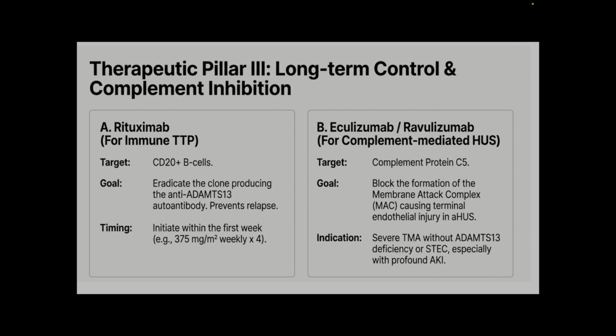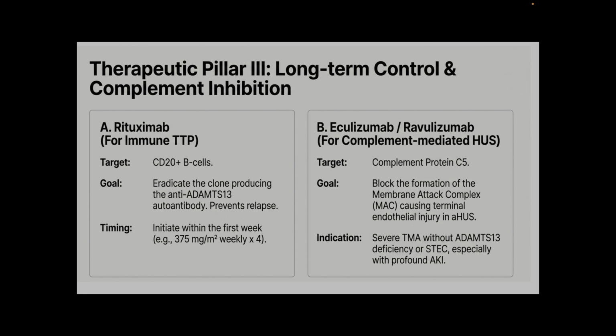Therapeutic pillar 3, long-term control. The third pillar is about controlling the disease beyond the immediate crisis. For immune TTP, rituximab targets CD20 positive B cells and it is used to reduce antibody production and prevent relapse.